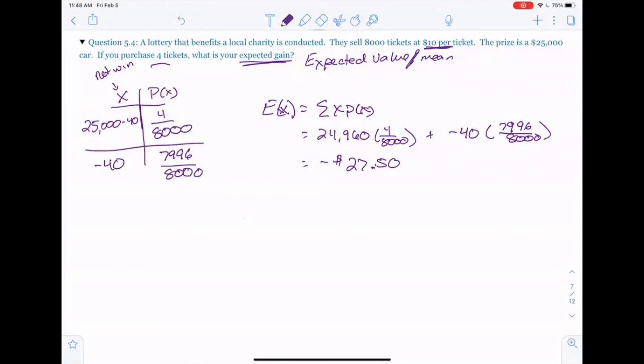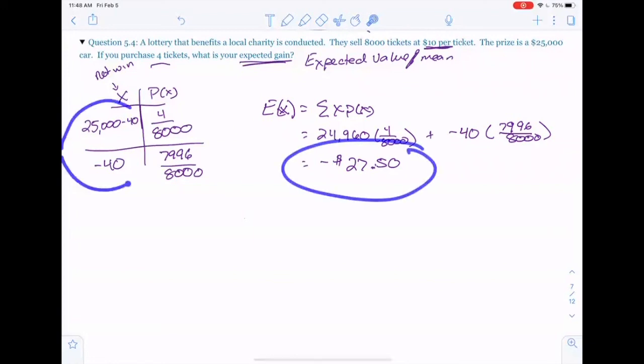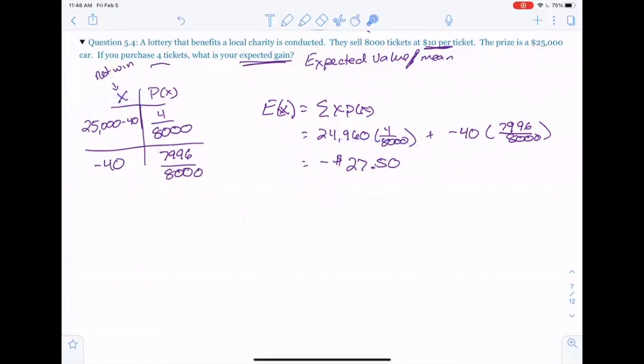And so in this case, the problem is over, right? That's what we are asking. But what you may be wondering is, how could we get a value that is not even close to one of the possible outcomes? Again, we have to think about expected value as not just one of the possible outcomes.